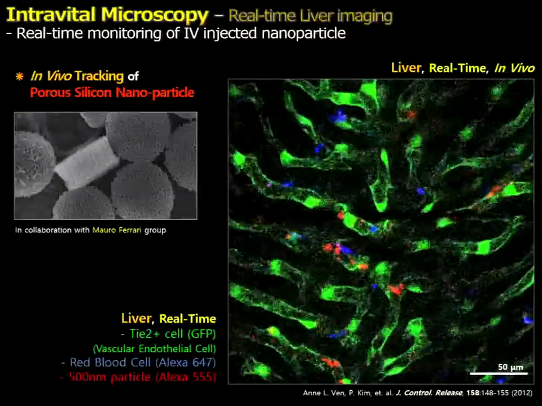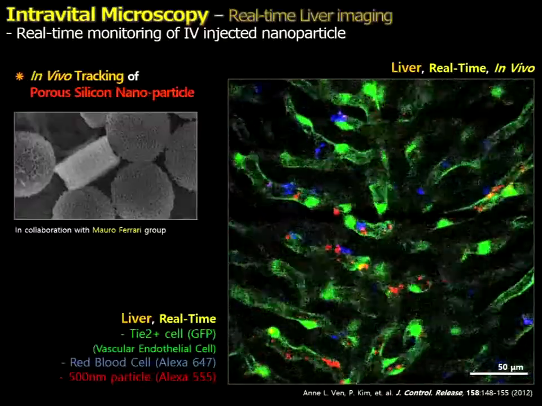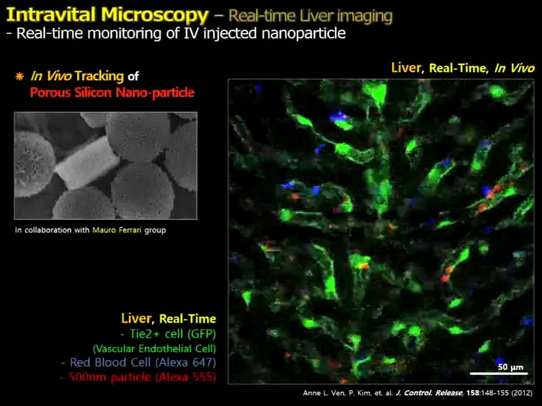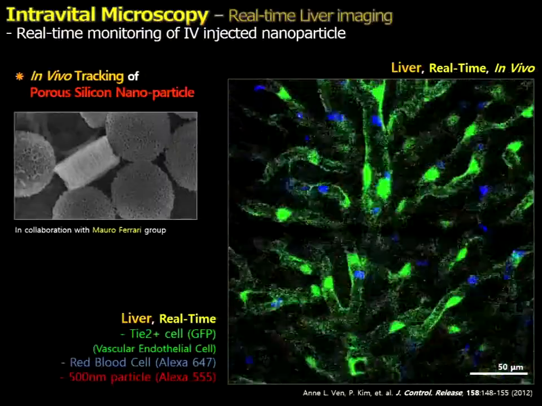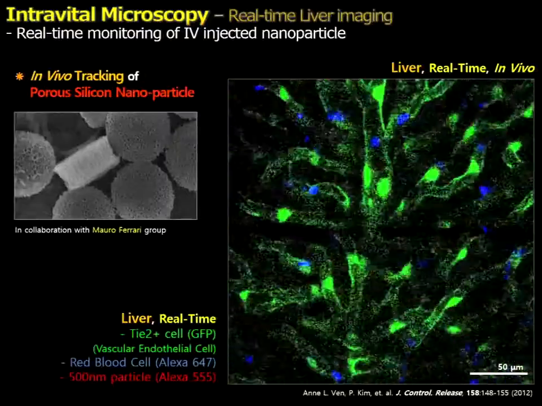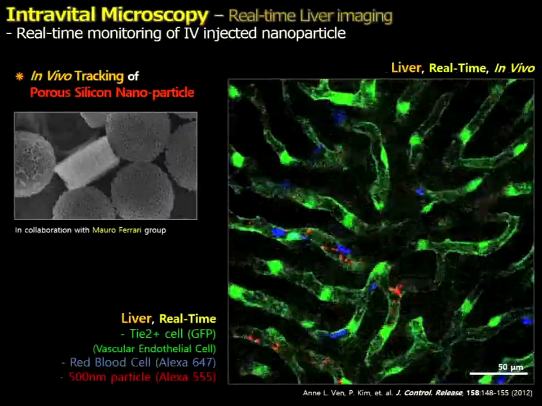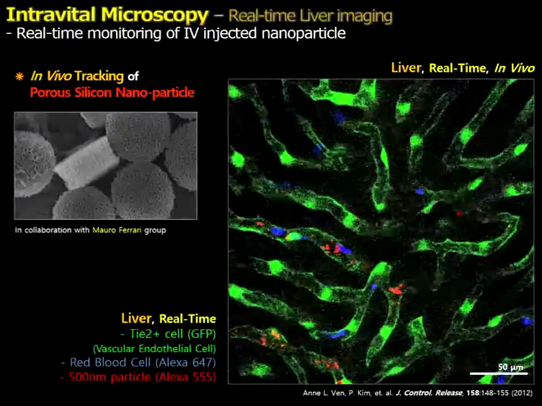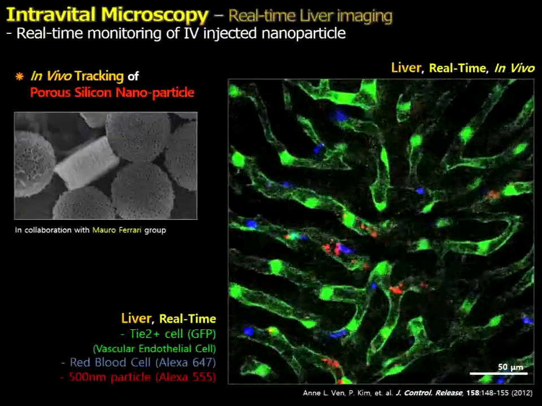And then what we did was we injected this 500 nanometer diameter porous silicon nanoparticle. It was obtained from the Ferrari group at the University of Texas, Houston. And then we do the intravascular injection. As you can see, these intravascularly injected nanoparticles circulate the body and arrive at the liver within 10 seconds. They quickly adhere to the endothelial cell here and here.